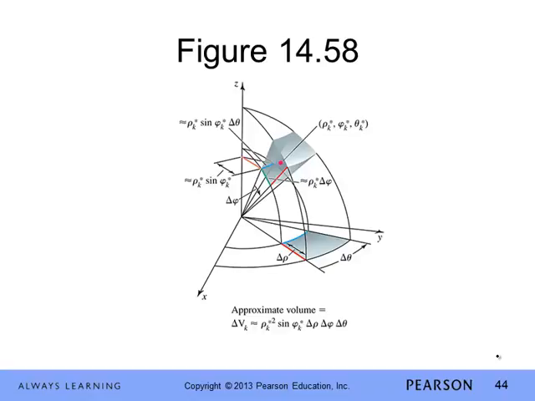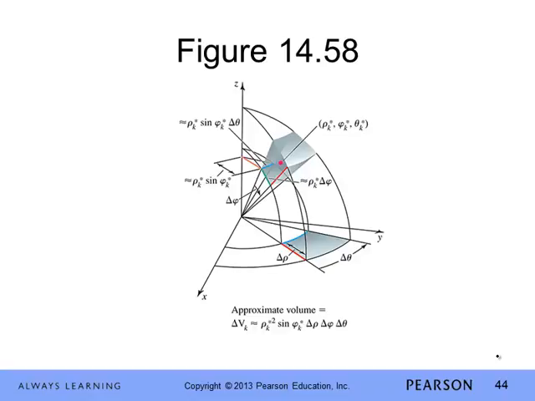If you want to know this arc length right here, s is going to be equal to the radius times the angular displacement, where that angular displacement is in radians. So take a look, here is our little dV element here.